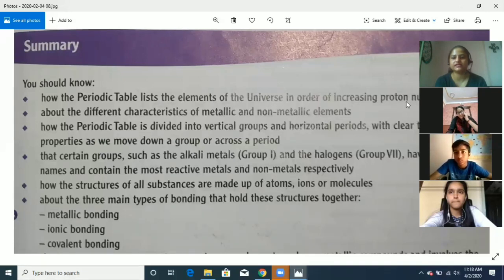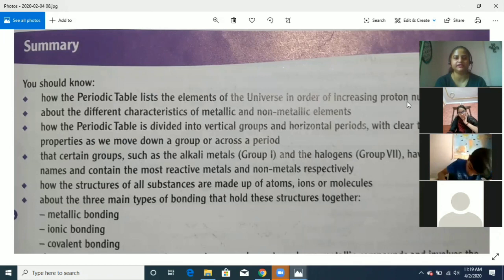Proton number is known as atomic number. Elements in the modern periodic table are arranged in the increasing order of proton number. Okay, and their chemical and physical property. On the basis of their chemical and physical property, we arrange the element into the groups and periods.